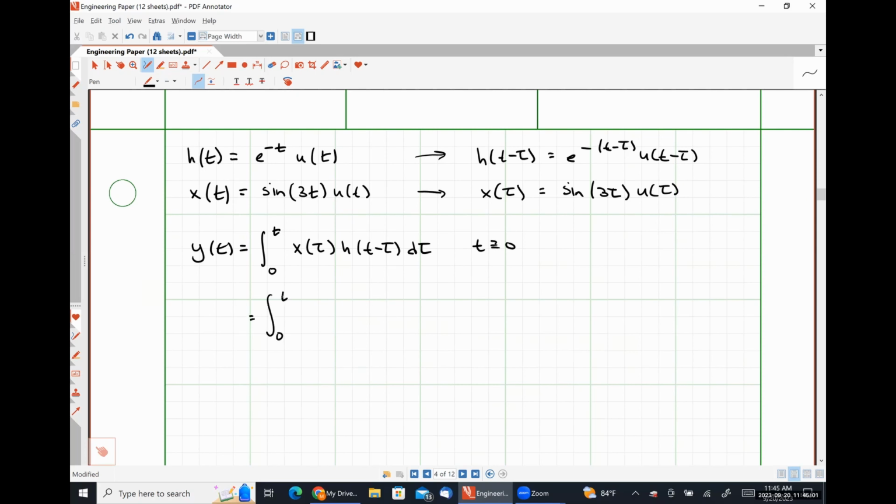Integral from 0 to t of sine 3 tau, e to the negative t minus tau, u of tau, u of t minus tau, d tau over this entire interval.